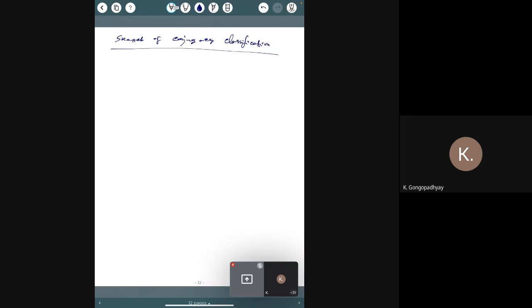Sketch of the proof. Suppose G equals H F H inverse. Then what is the fixed point set of G equal to?